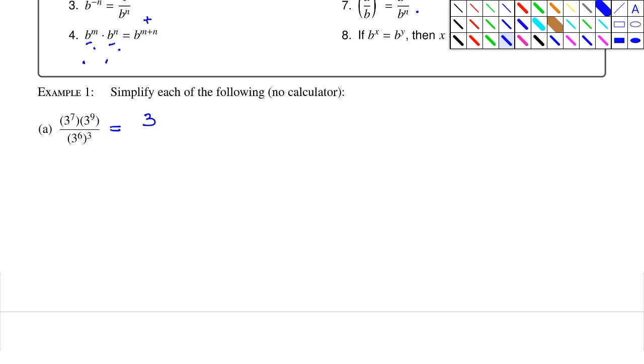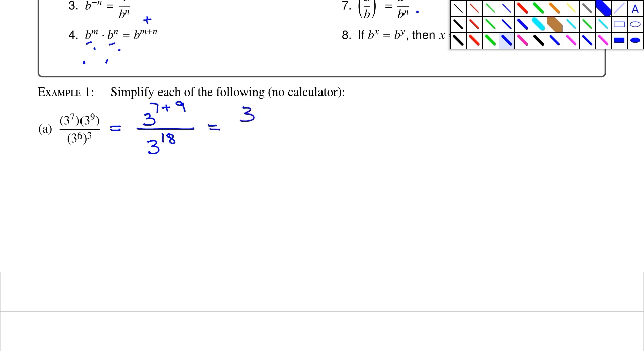Since we're multiplying base exponent times base exponent, we add the exponents. So this becomes 3 raised to the 7 plus 9. And then in the bottom, we still have a 3, and that is raised to the 6th and then to the 3rd power. So we multiply the exponents, and we get 3 to the 18th power.